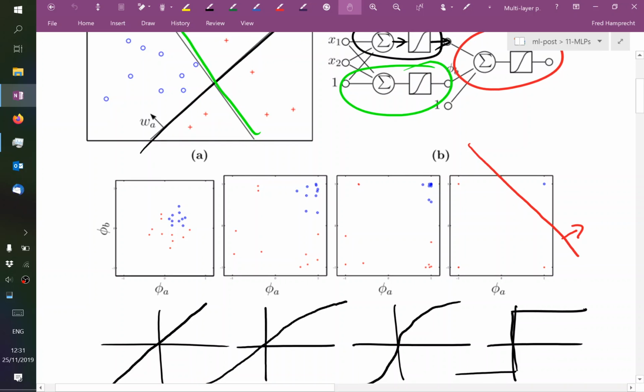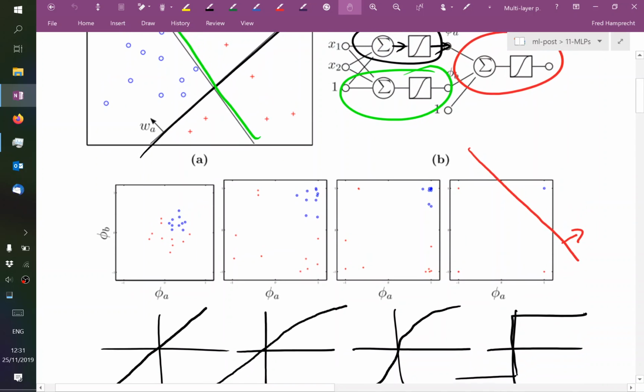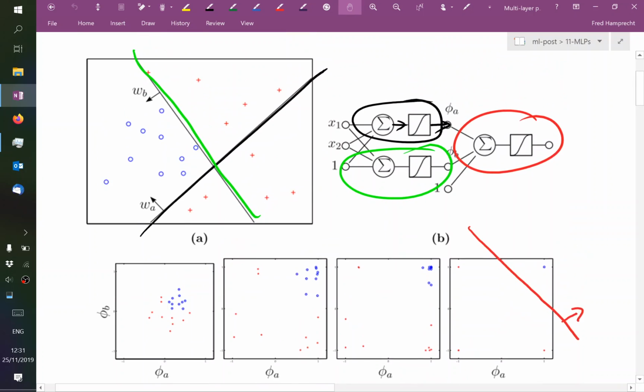However, if we now use, let's say, logistic regression for each of them, what does that mean?